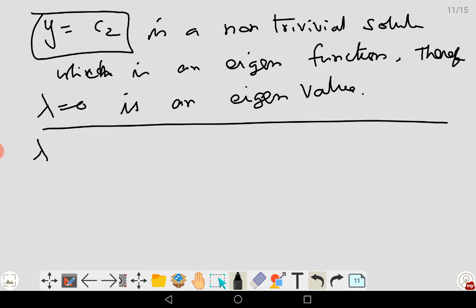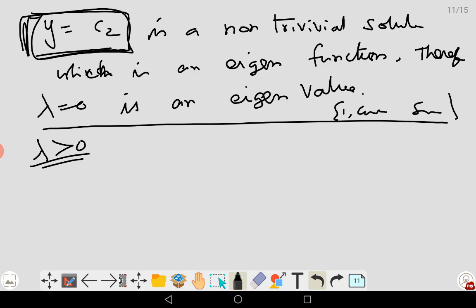So lambda equals 0 is done. See, y is equal to C2 is an eigenvalue, eigenfunction. So C2 can be chosen as 1. Therefore, the first element in the set, we have been given a set, 1, cosine series and a sine series, isn't it? 1. Why you can choose constant C2 is 1. So the first term has been done.